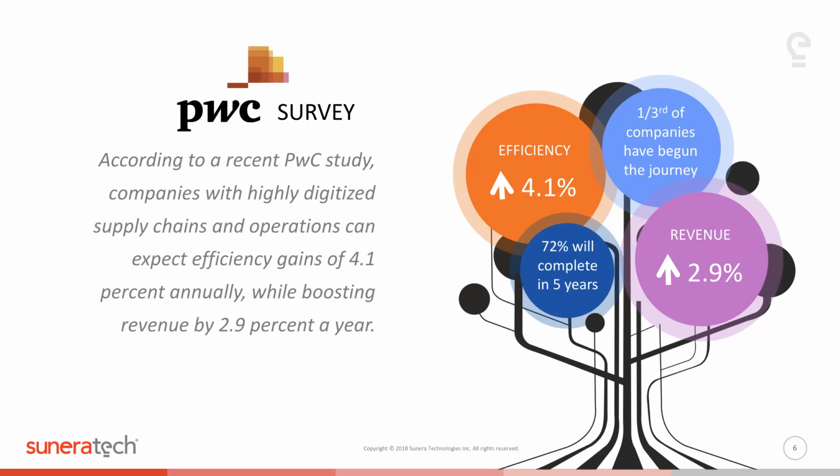And 1/3 of the companies surveyed have told them that they have already begun the journey. And about 72% said they would complete it in 5 years. This survey was done last year. So it indicates that a lot of companies have started implementing some form of digital supply chain. They've embarked upon the journey.